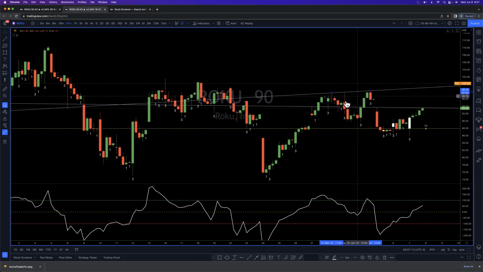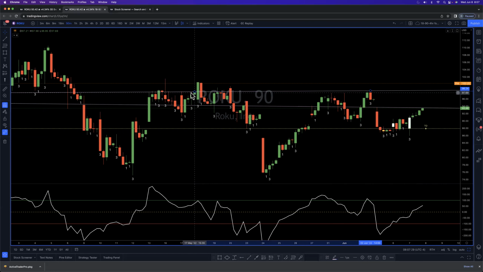So that's 98.24. See where else it is. All right, 98.02, perfect. We know it's inside this daily range here.